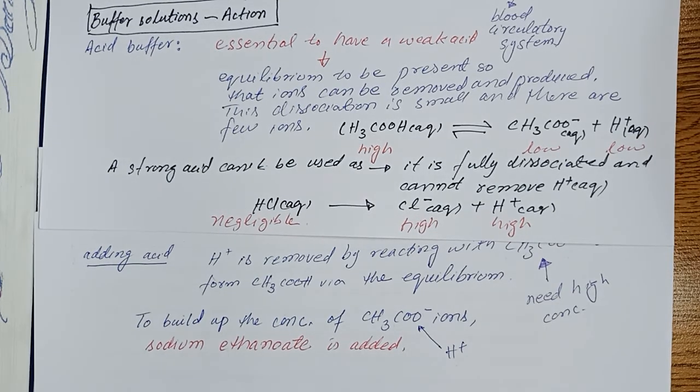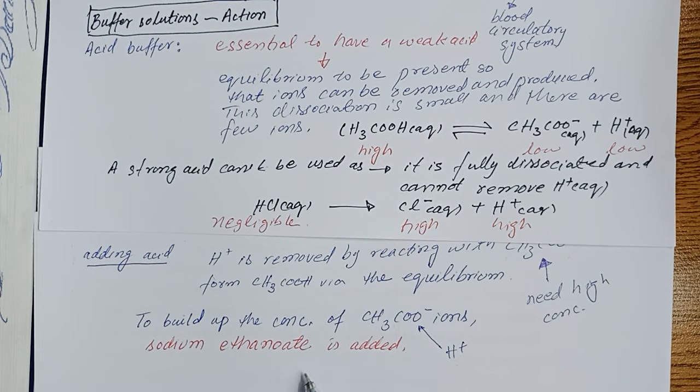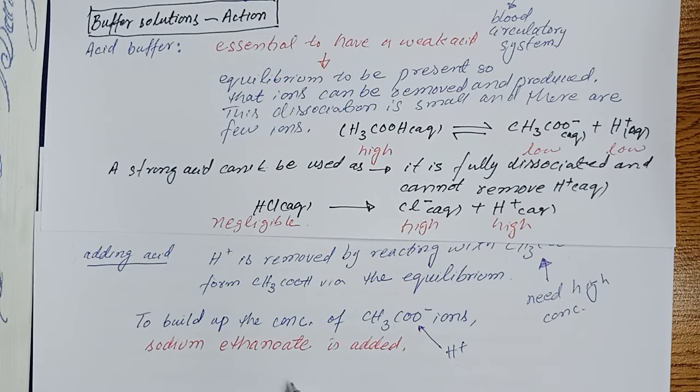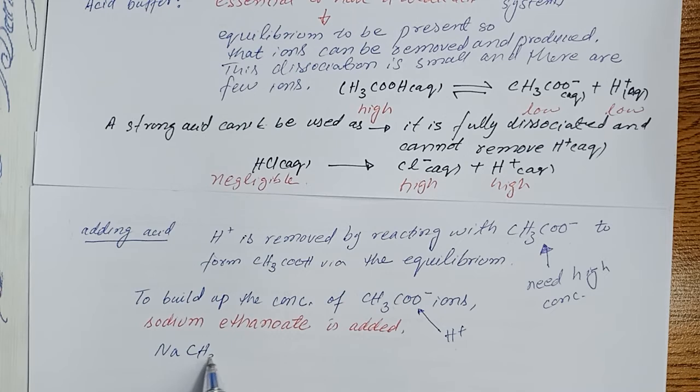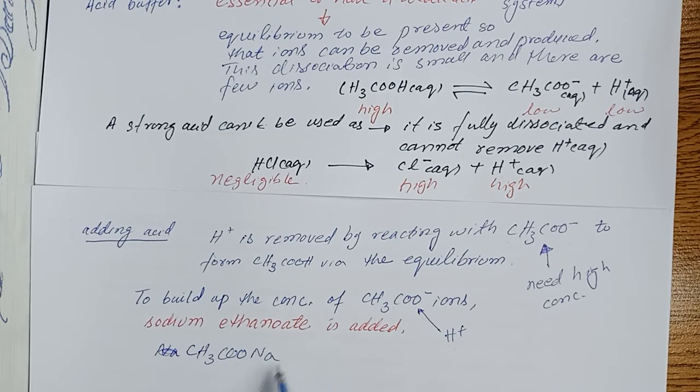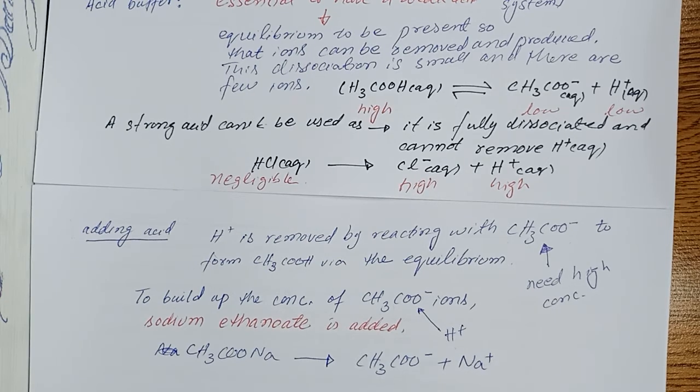So to build up the concentration of acetate ion, sodium ethanoate is added. So what is sodium ethanoate? Sodium ethanoate is the IUPAC name of sodium acetate, which is the salt of acetic acid. When dissolved in water, it is dissociated into acetate ions and sodium ions.